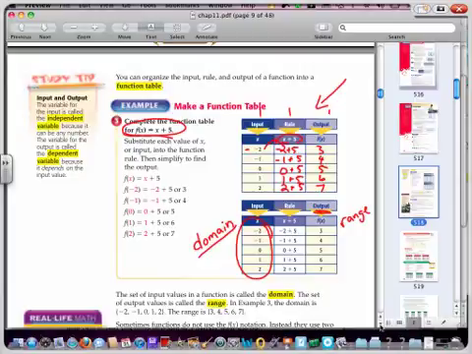If somebody asked me to write the domain for this particular function, I would make a little curly brace, and I would say the domain is negative 2, negative 1, 0, 1, and 2. If they asked me for the range, I would do a very similar thing: make a little curly brace, and write down my numbers, 3, 4, 5, 6, and 7.